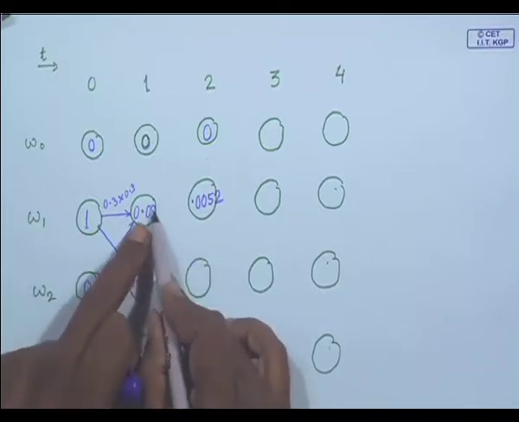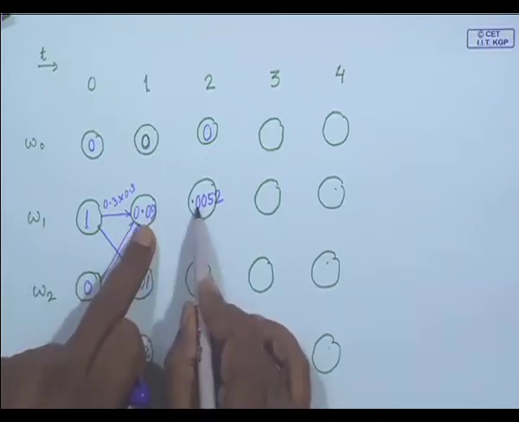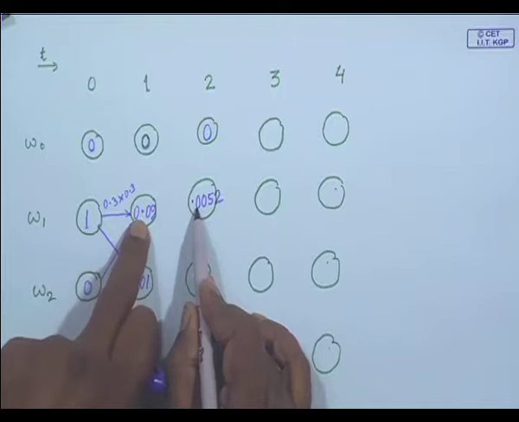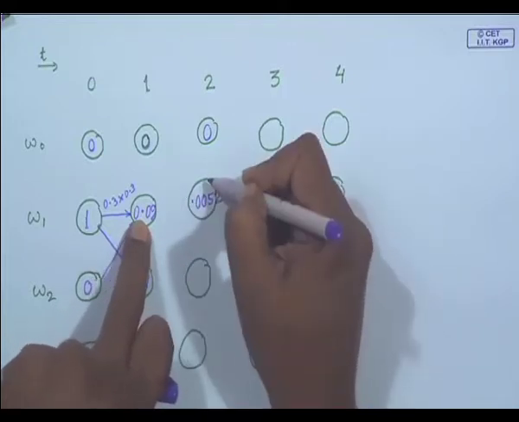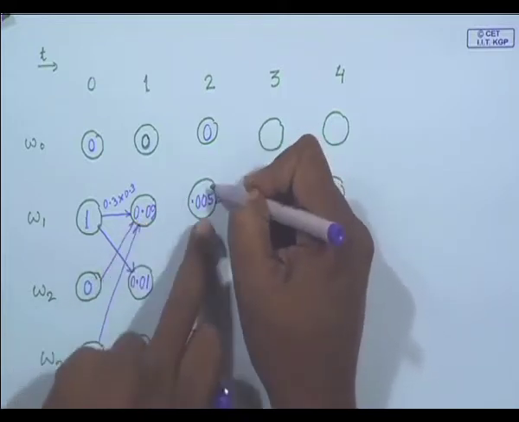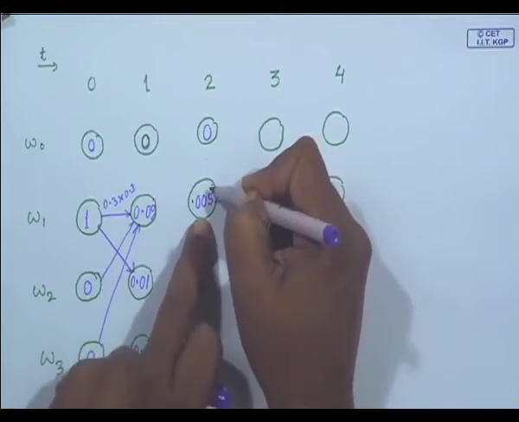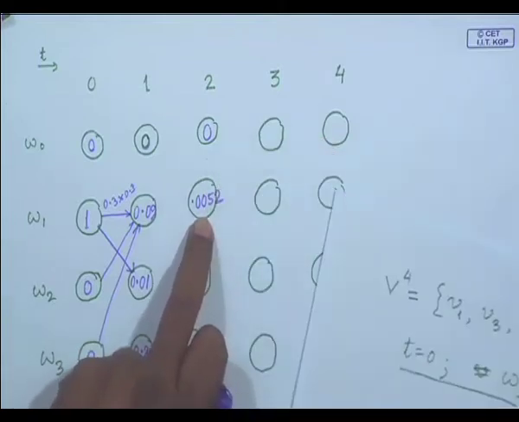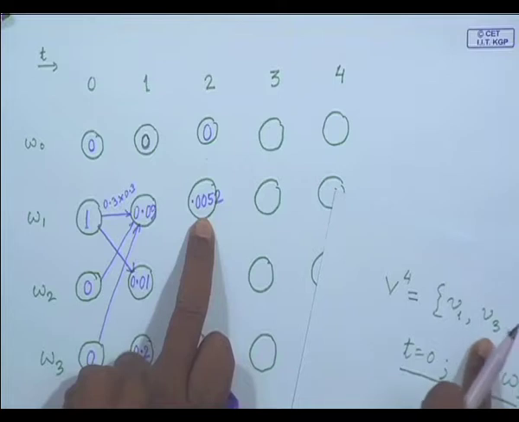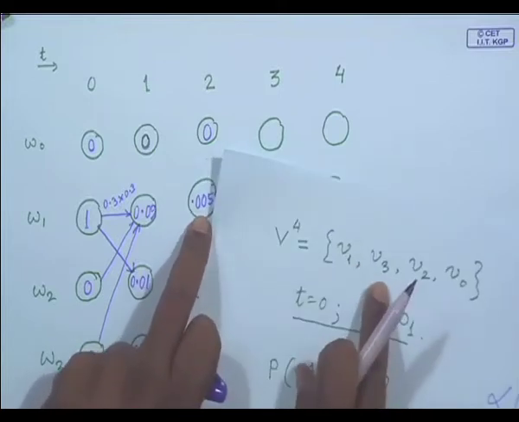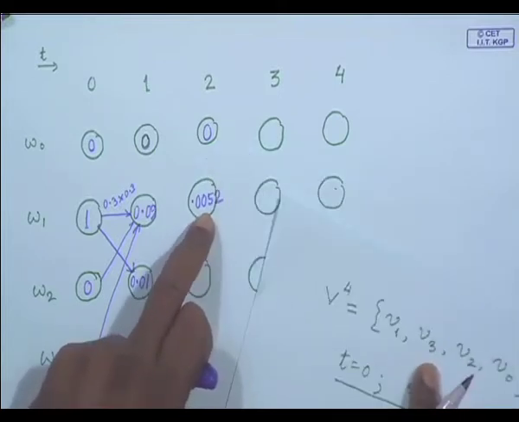This is nothing but this transition probability multiplied by this, multiplied by b jk v t, and in this case b jk is b 1, and my symbol is V3, so this will be b 1 3.